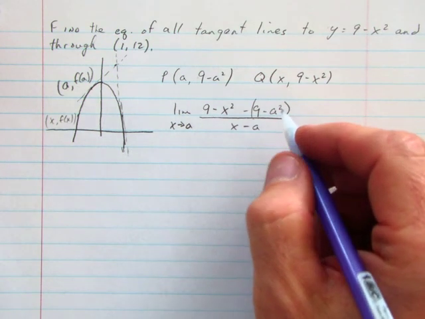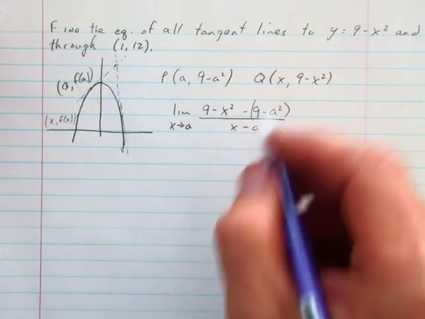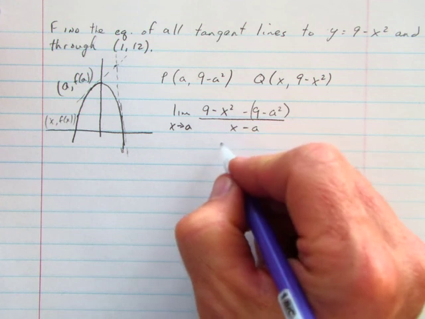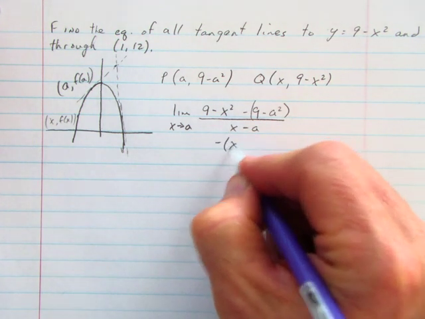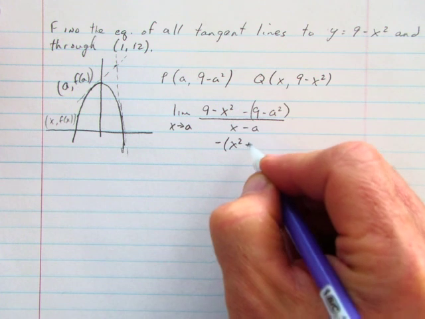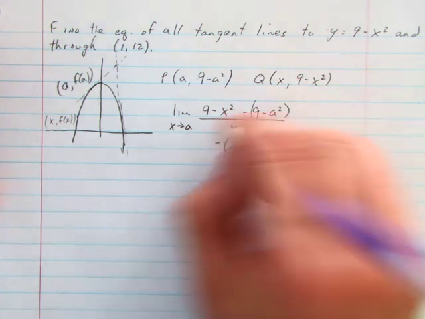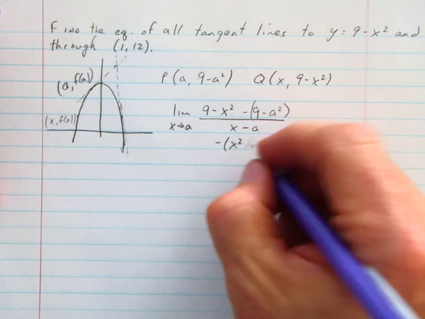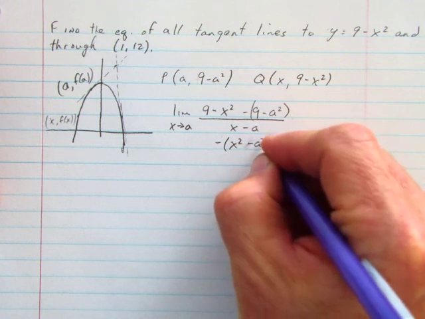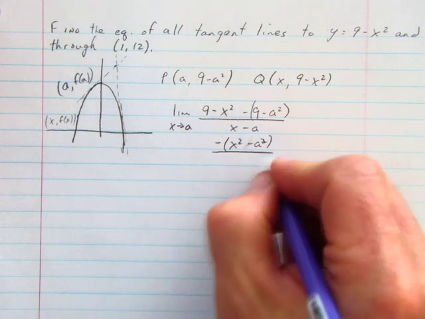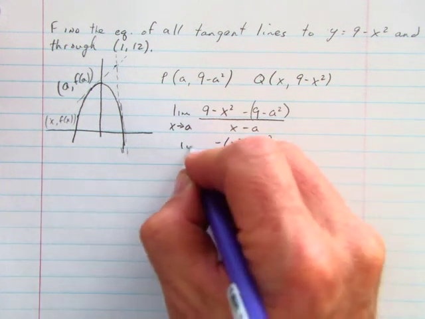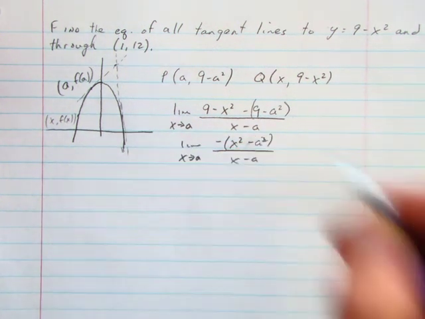Now at this point, you just need to simplify this. The 9's are gone. We have a negative x squared minus a squared, so negative of x squared minus a squared, over x minus a, the limit as x goes to a.